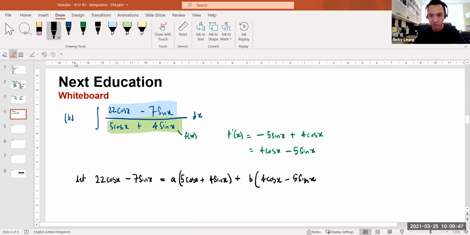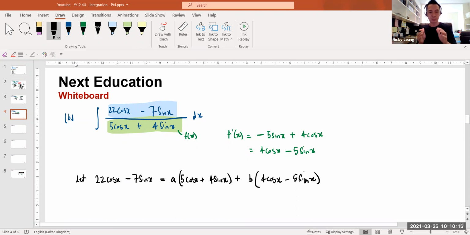If I can find the values of A and B, and they should be nice constants, I'm going to replace that numerator with this combination and then break up the fraction. The moment I break up the fraction, the first fraction with the A is going to cancel out, just be a constant of A. The second one is going to be B times a derivative on the function, in which case I can use the ln. Can you see that?